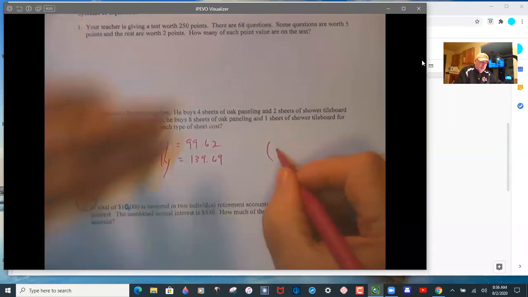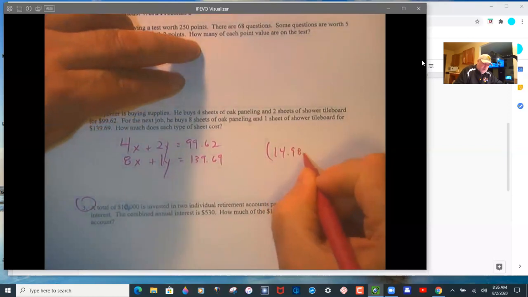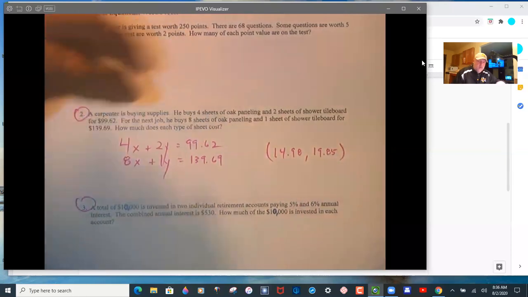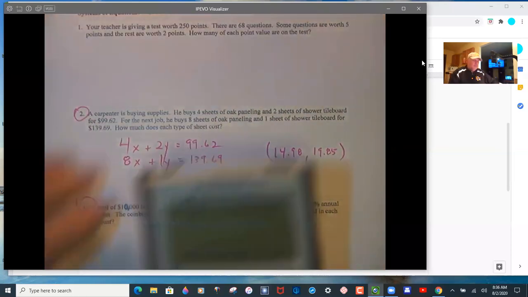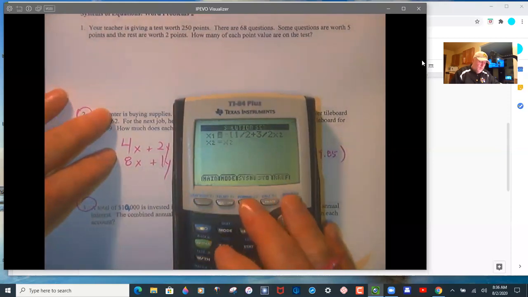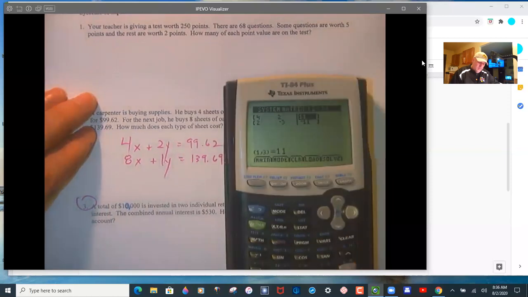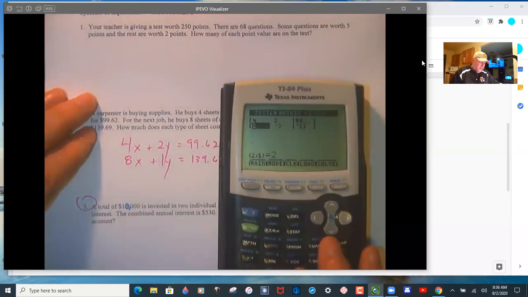Okay, so $14.98. This is definitely an app in 1985. So when you run that through, the app will do anything as long as you set it up right.